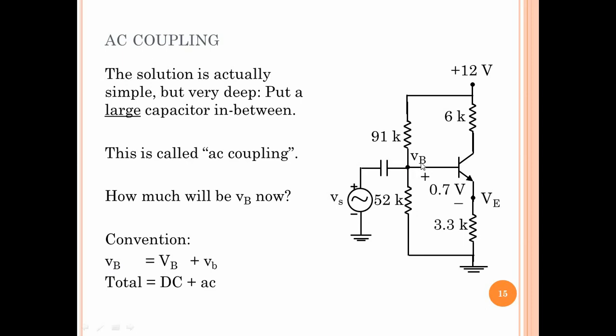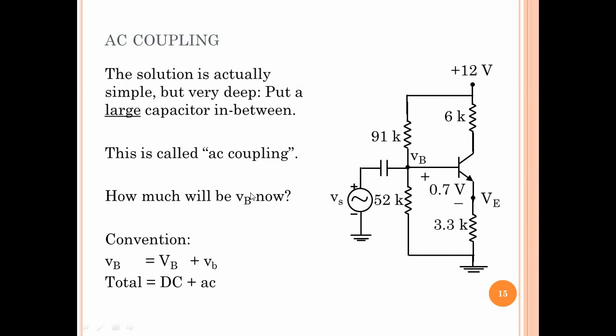Capital V capital B is a DC value. Small v small b is the AC value. So this is a convention we'll use. At any node, once we have a DC source and an AC source, any current or voltage will have a DC value and an AC value, and we'll represent them by this convention.